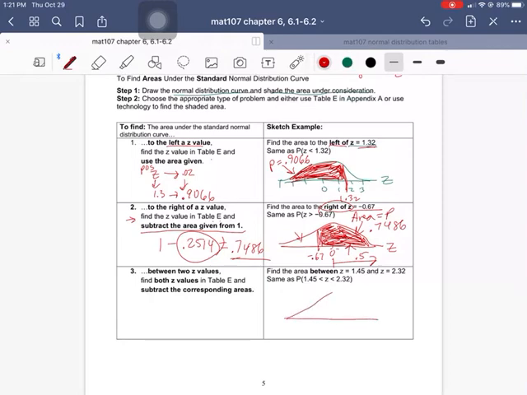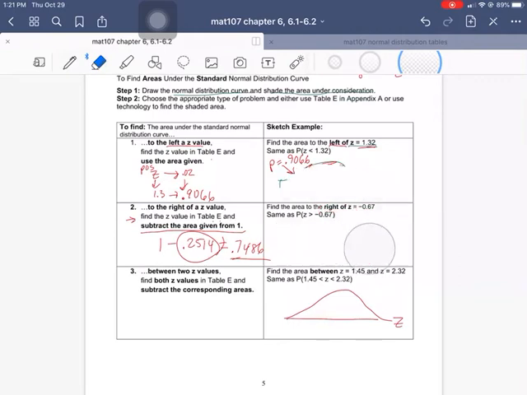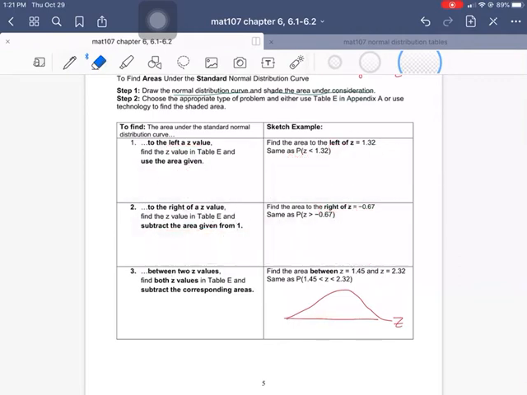But you can also have one that's between. Let me get rid of some of this here. Okay. If we have one between, here's 0. Where is 1.45? Let's go there, 1.45. Because they're positive, they're on the right side of 0. And then 2.32 is farther to the right, okay?